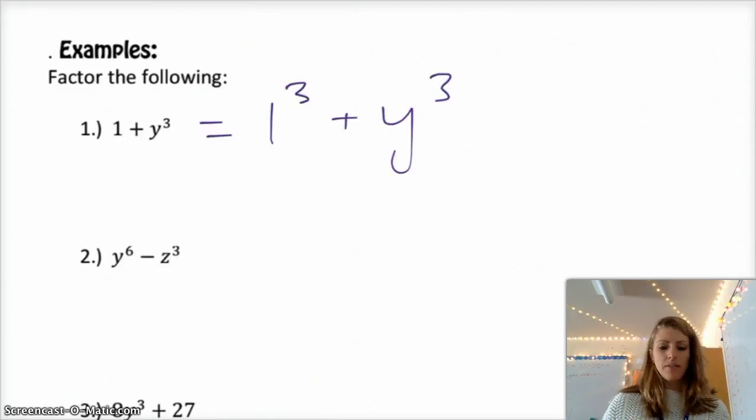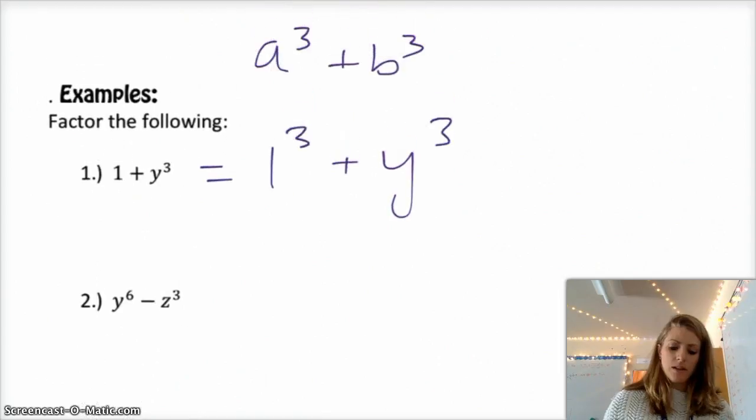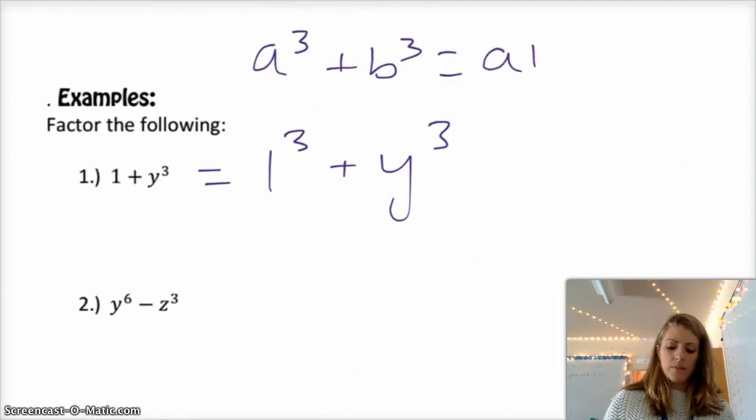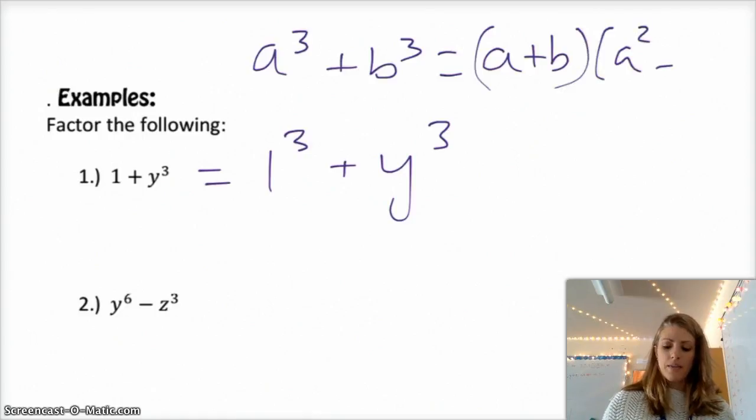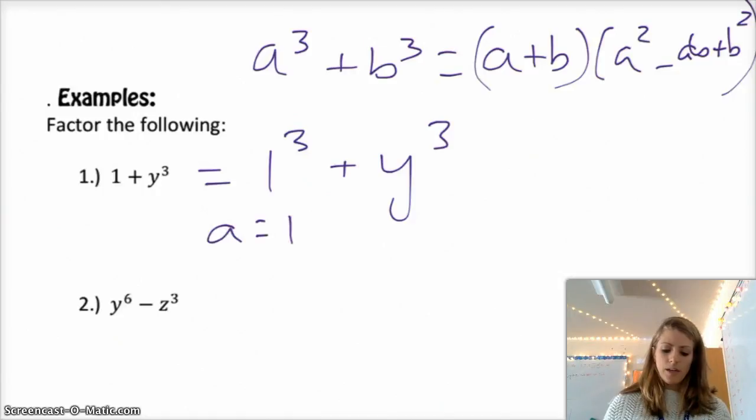Now keep in mind that if you have a sum of two perfect cubes, a cubed plus b cubed equals a plus b times a squared minus ab plus b squared, right? And so in this case, a is equal to 1 and b is equal to y. So I just plug those into the formula.